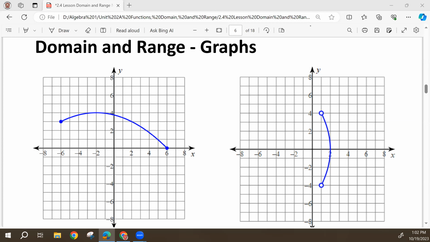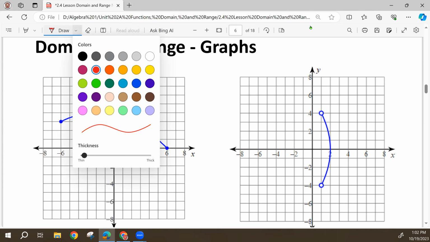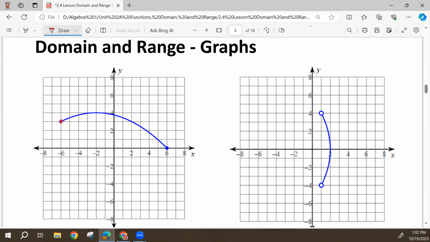So I'm looking to write the domain of my graph on the left here, where it has 2 blue dots, one on each end. I'm going to find the x value of the first dot over here. The x value is -6. I had to go 6 to the left. And for my other dot, I had to go to the right 6.